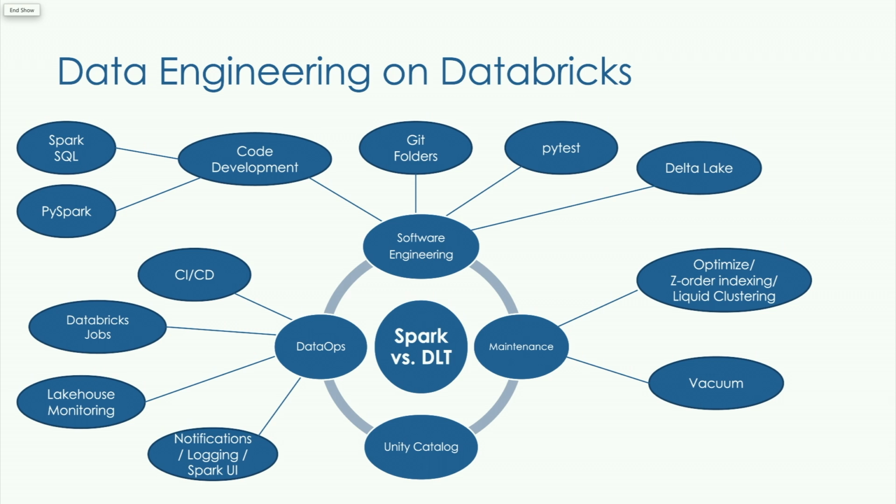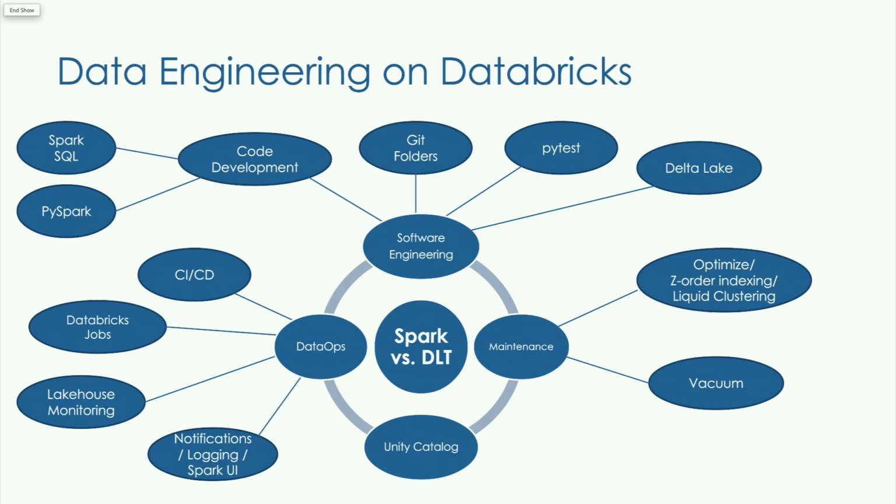In Databricks, we have Git folders to manage Git operations. You can use different libraries like PyTest for testing your pipeline. We also have Delta Lake, which is the default table format on Databricks to store your data.